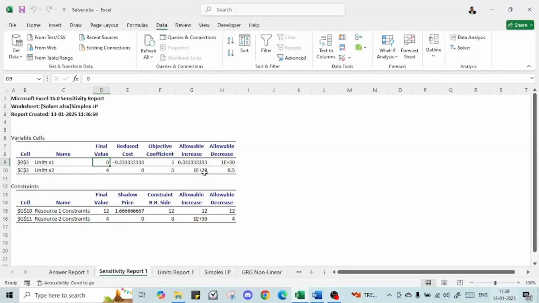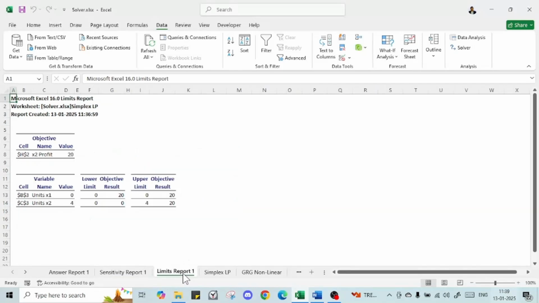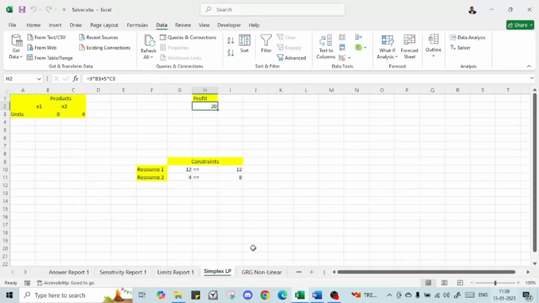That's what the sensitivity report helps us know: the importance of a particular coefficient and a particular right hand side constraint which can affect the entire solution. Coming to the limits report 1, you can get the lower and upper limit of both: the lower limit is when the objective result is this, the upper limit is when the objective result is this. This is the way you can get the answers of Simplex Linear Programming.